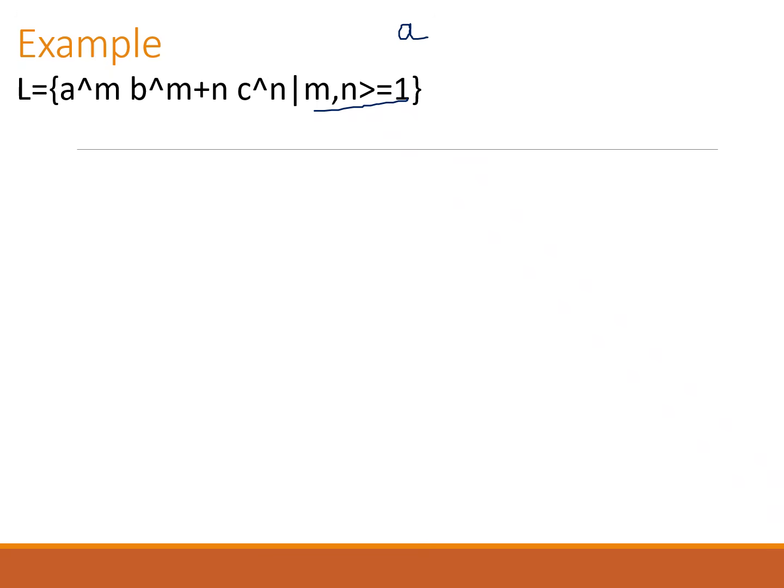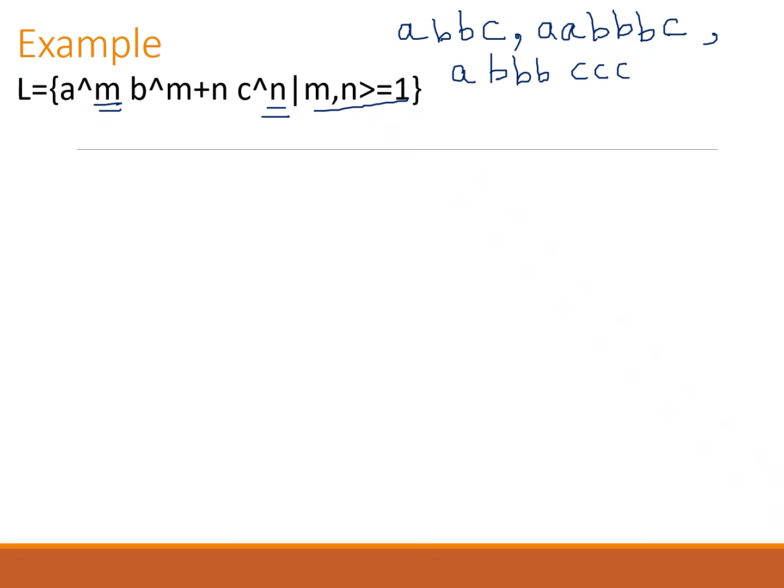So the minimum string is A, C. Now this is 1 plus 1, so we'll have two B's here. If I have two A's and a single C, which is possible because m and n can be different, then I'll have 2 plus 1, which is 3 B's in the center. If I have a single A and probably 3 C's, this is 3 plus 1, 4.